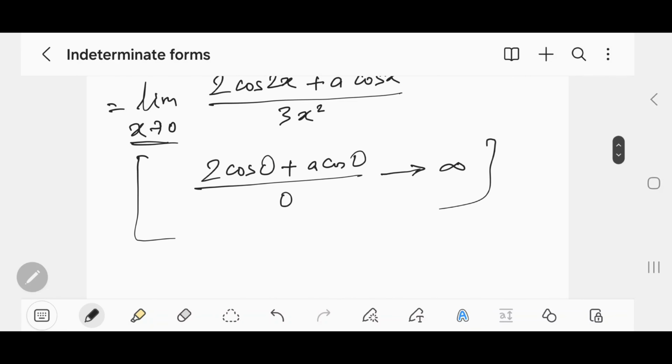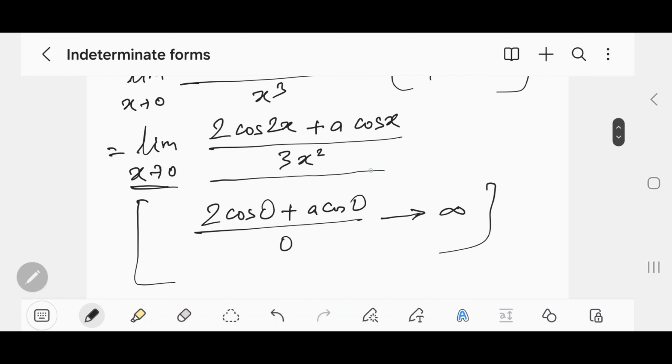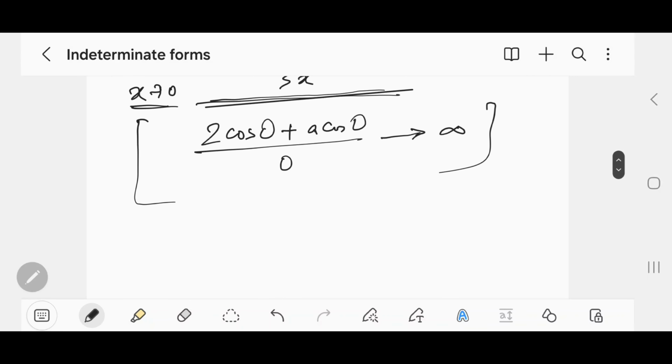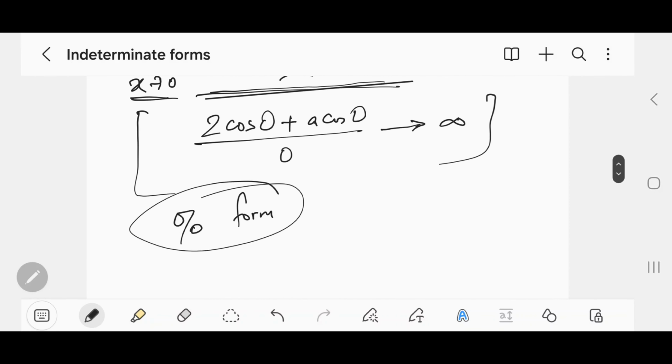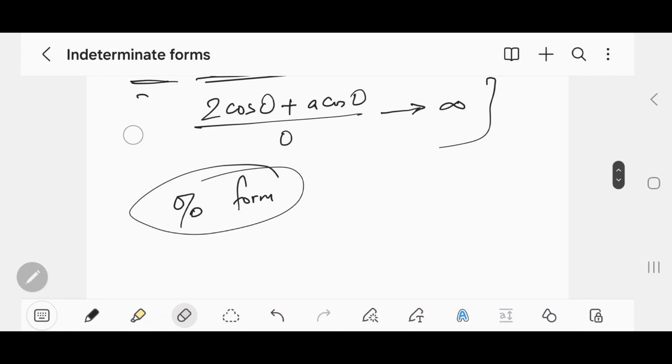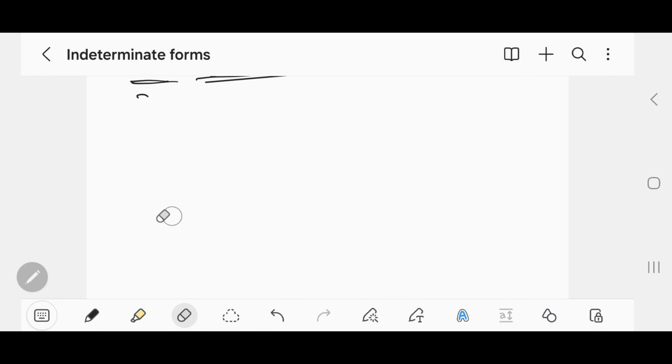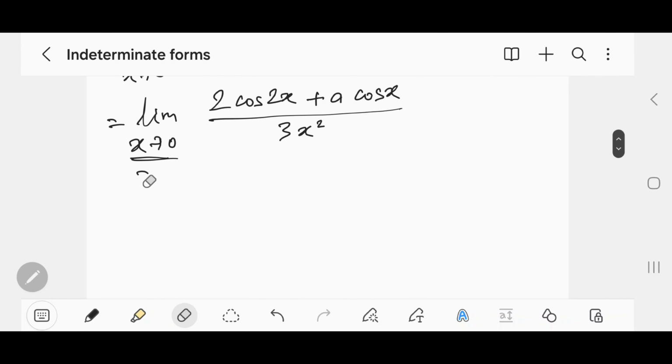So for this limit to have a finite value, we can say that it must be in the form of 0 by 0 form, right? So let's write like this.